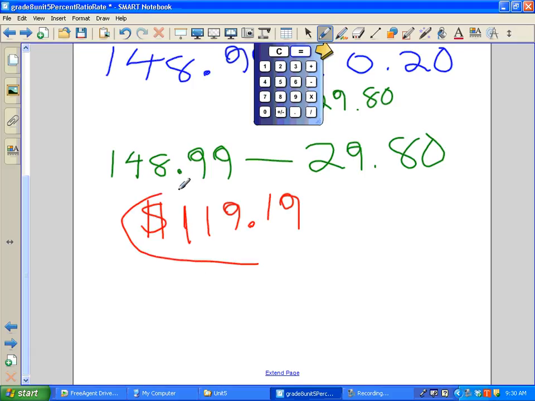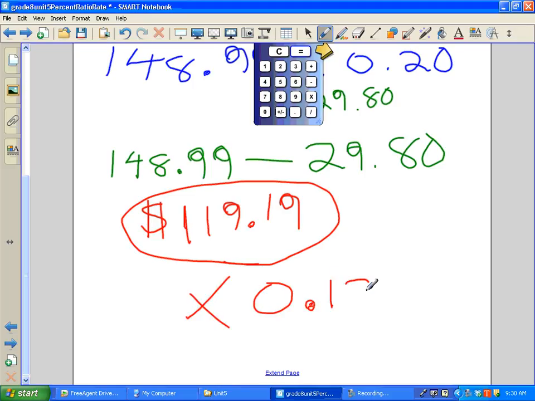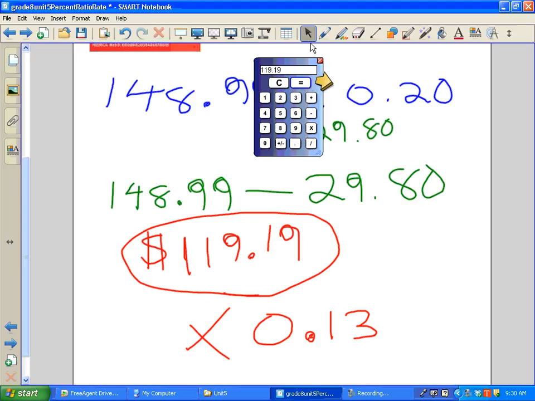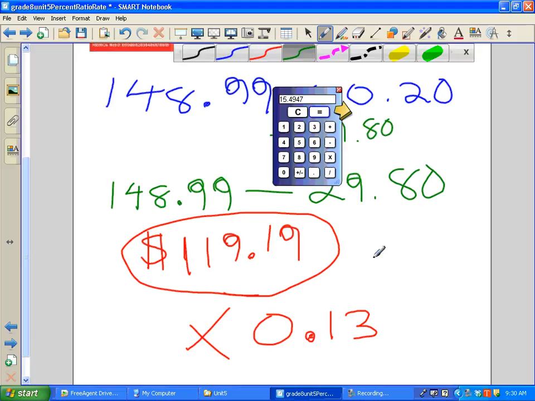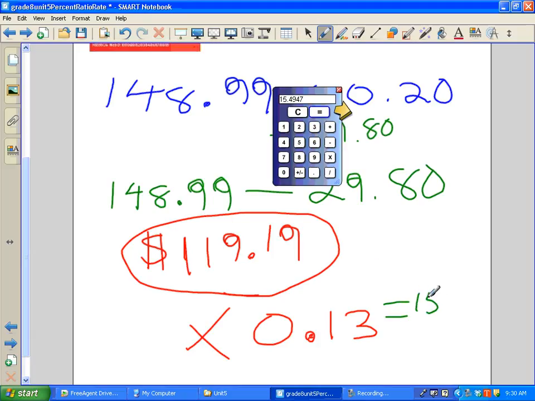So if we want to calculate how much extra to add now for the tax, we'd have to times this amount by 13%, which is 0.13, and then just simply add it on. So let's take 119.19 times 0.13, and the answer is you're going to pay an extra $15.49.